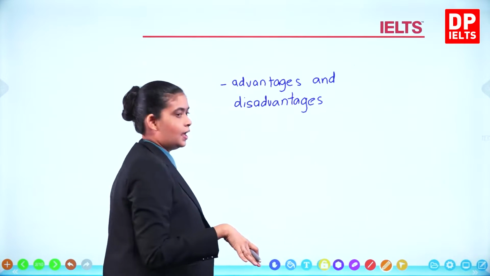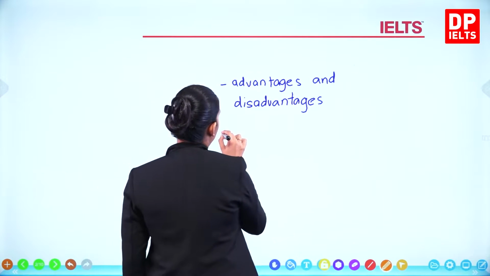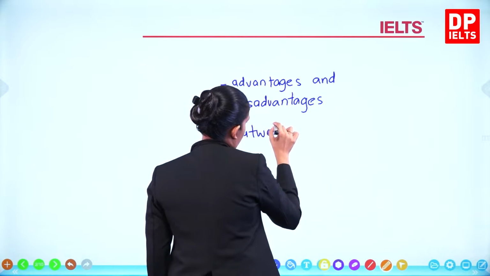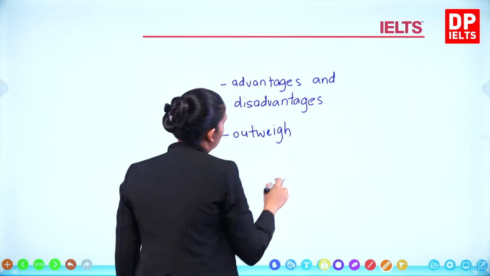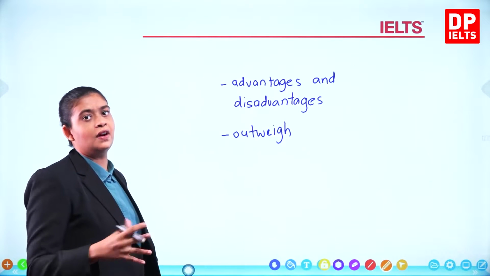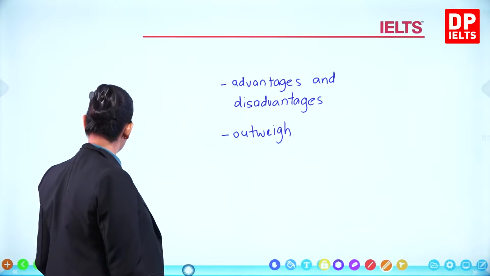There's another style where they could ask you outweigh. Do the advantages outweigh the disadvantages? So these are the two main types that you could see in the advantages, disadvantages style of essays.